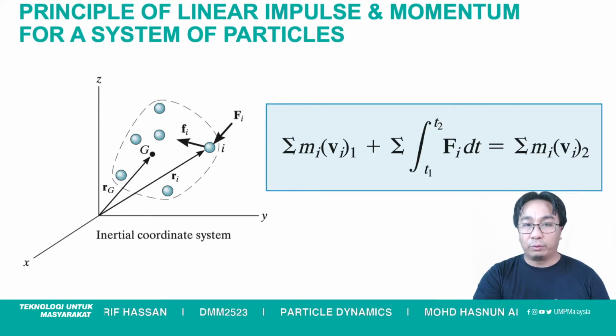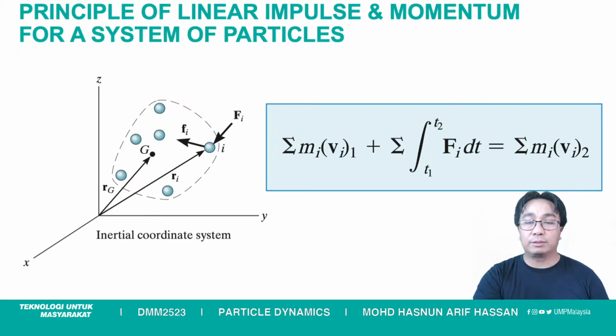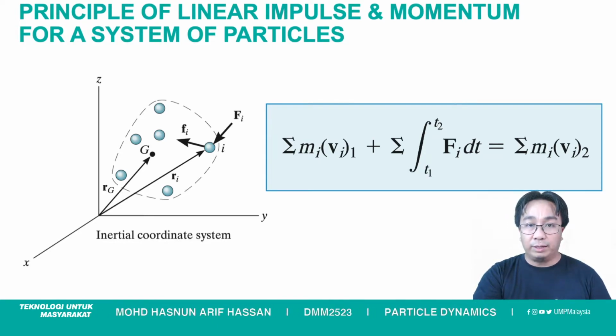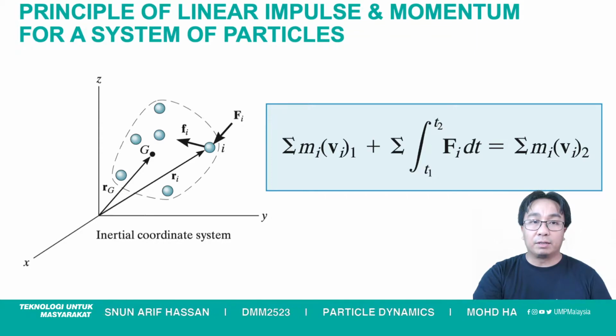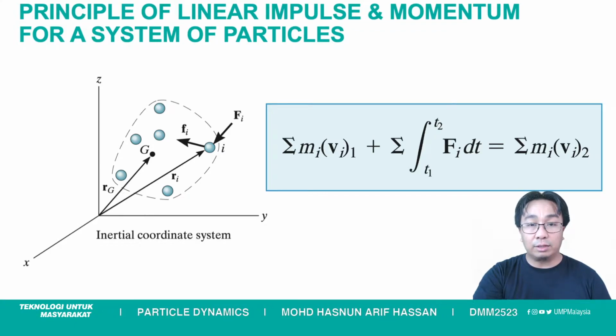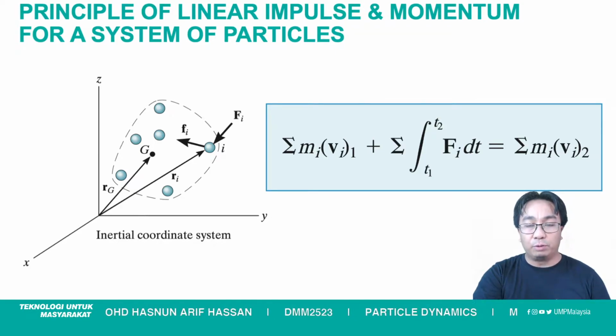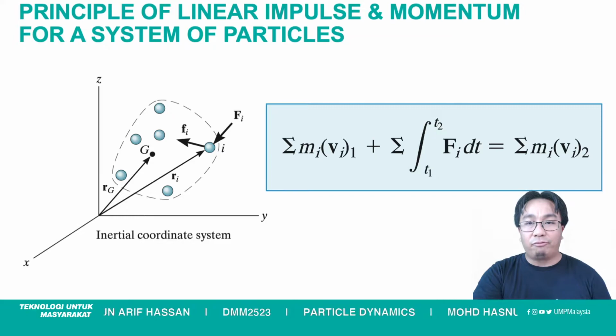So what we have to do is calculate the kinetic energy as well as the work done for every particle. We have to do the same for the principle of linear impulse and momentum, where we calculate the total initial momentum plus the total impulse, and this will be equal to the total final momentum.